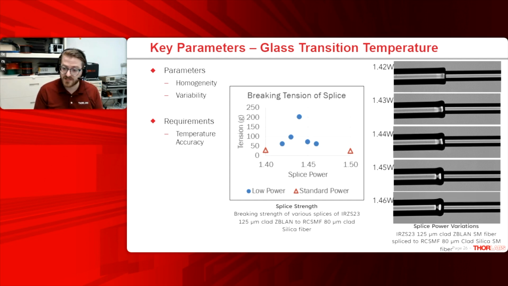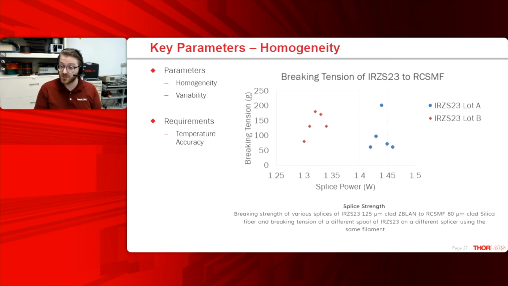Soft glass is a less mature technology, so it is under constant improvement, and in many ways that is good. In some ways that is a challenge. So for example, I repeated that experiment with a different spool of IRZS from a different lot that I got much later, and plotted the same strength. I found the ideal splice power was much lower, about 1/10 of a watt lower.